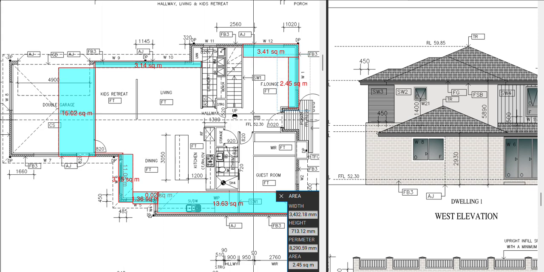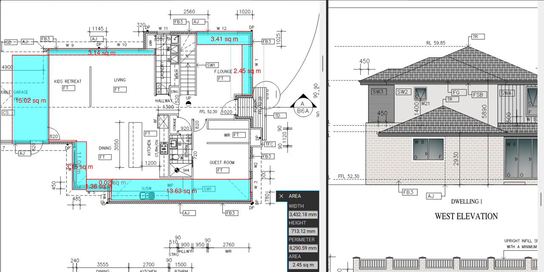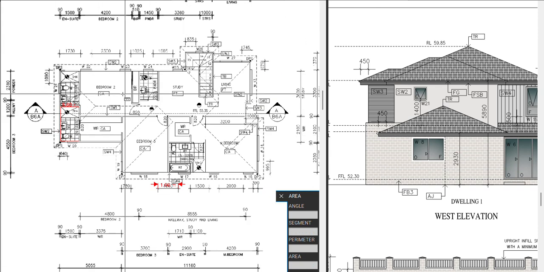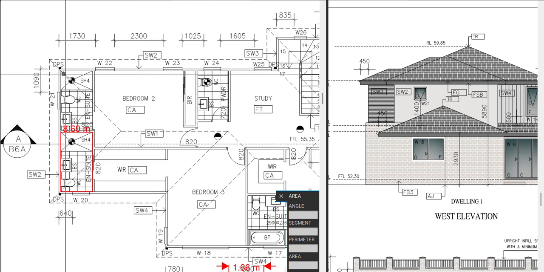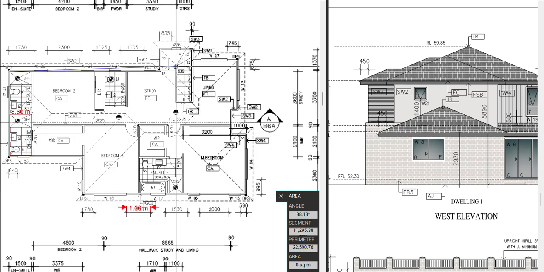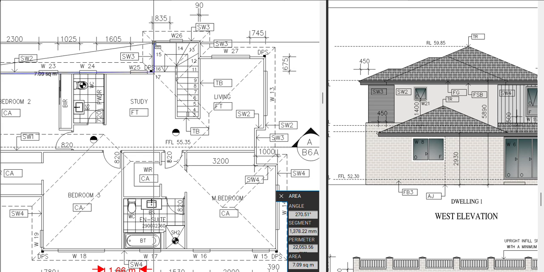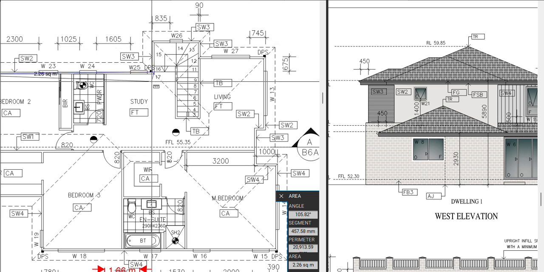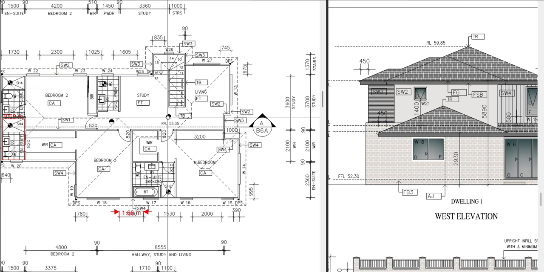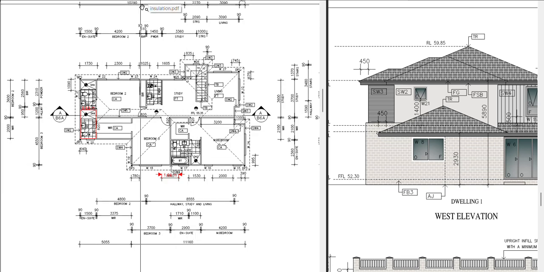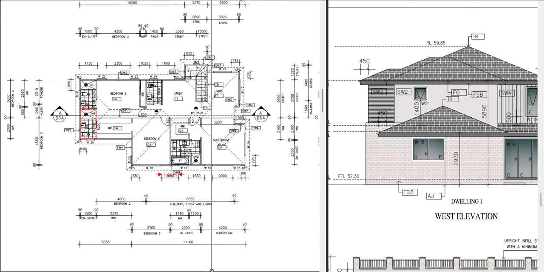So for the first floor, if you calculate, like I told you, you have taken the linear meter. For the first floor you simply have to take your ceiling area, and that ceiling area is enough for your ceiling insulation. Sometimes it is written in the energy report that this area needs insulation.